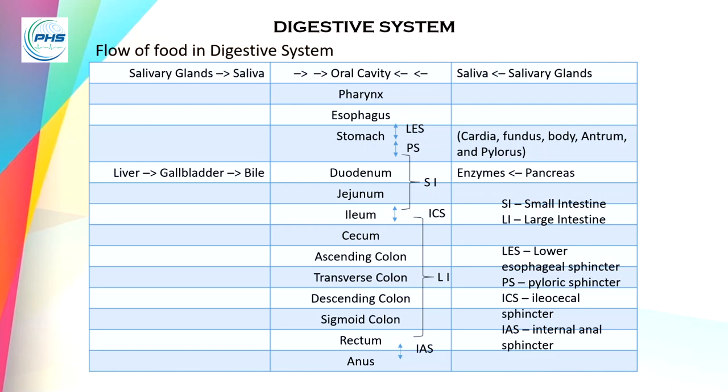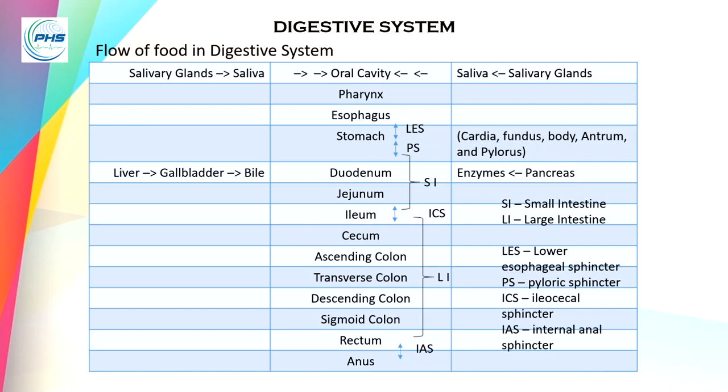It performs a chemical breakdown due to digestive enzymes and gastric acid to aid in food digestion. There are 5 main regions in the stomach: the cardia, fundus, body, antrum, and pylorus. We will again discuss parts of the stomach on the next slides.